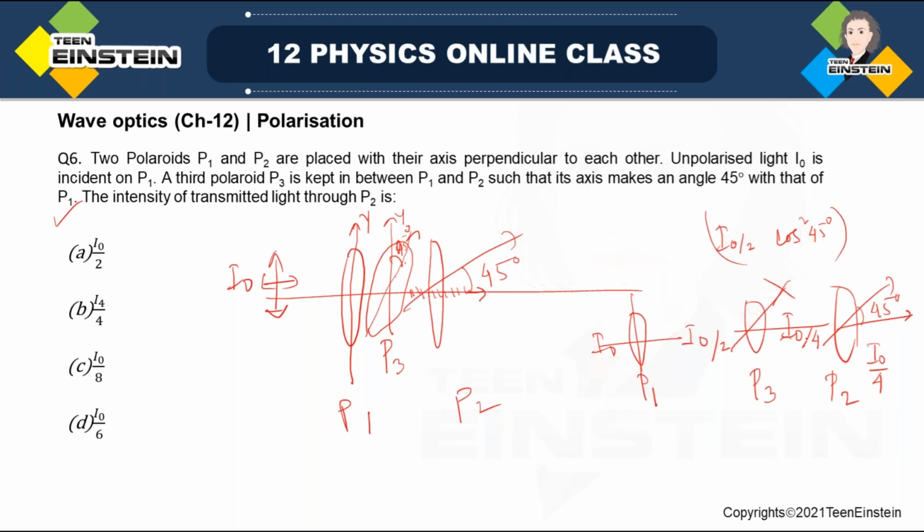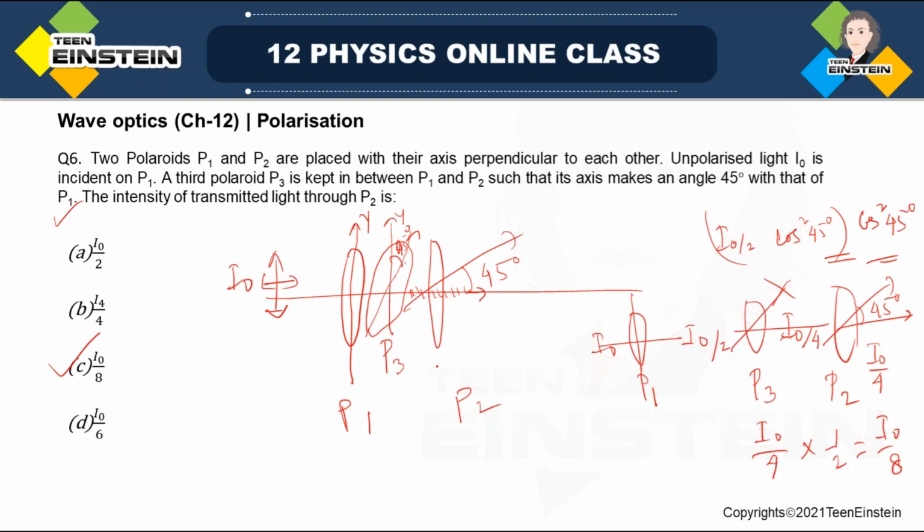This was up to here. Then another cos square 45. That means I0 by 4, and cos square 45 means half again, so it will be I0 by 8. So I0 by 8 is the answer.